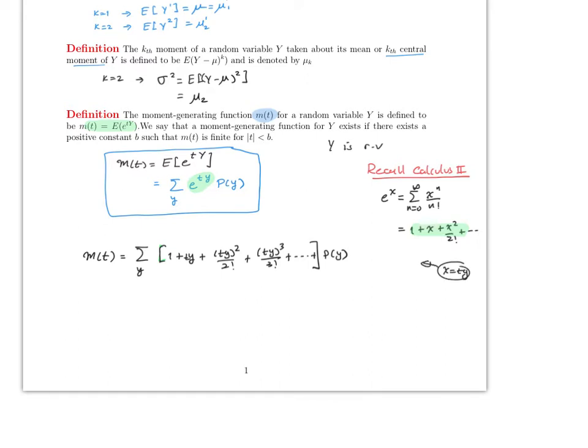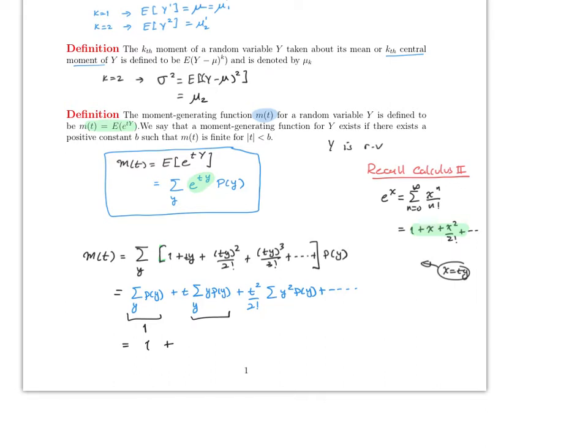Now if you expand this, then this is going to be equal to the sum over y of p of y, plus, you can take the t out since we are summing with respect to y, t times the sum of y p of y, and then t squared over 2 factorial, the sum of y squared p of y and so forth. Now notice that the first is equal to 1 because that's the sum of all the probabilities.